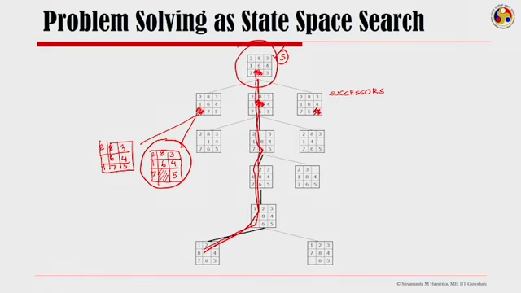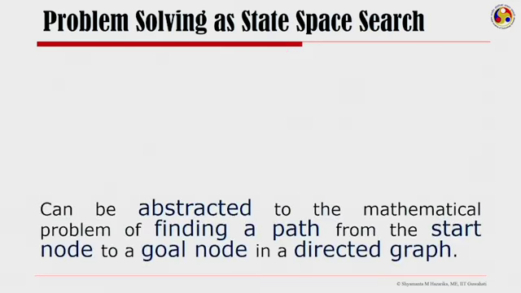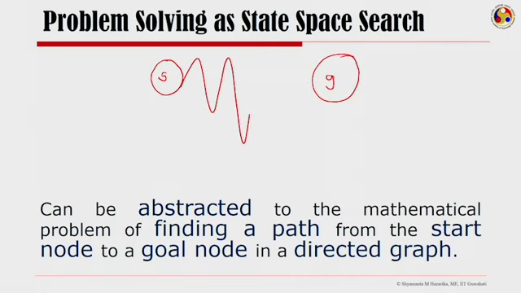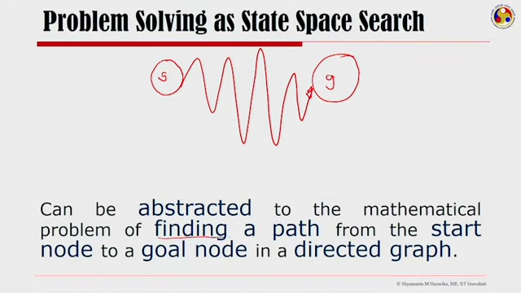Now, if you look at this very closely, we can have a simile here. This can be thought of as a graph, and basically what we are looking for is, given a start node S of a graph and a goal node G, some path that takes me from S to G. So, problem solving as state space search can be abstracted to the mathematical problem of finding a path from the start node to the goal node in a directed graph.